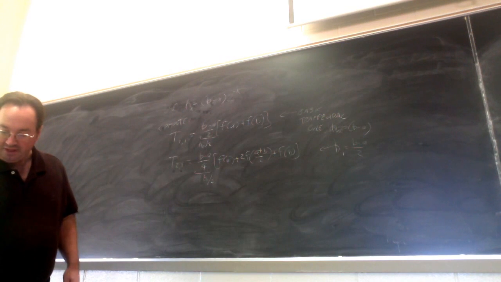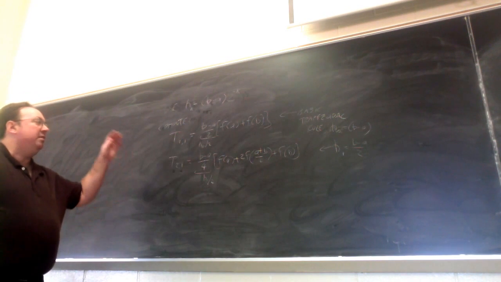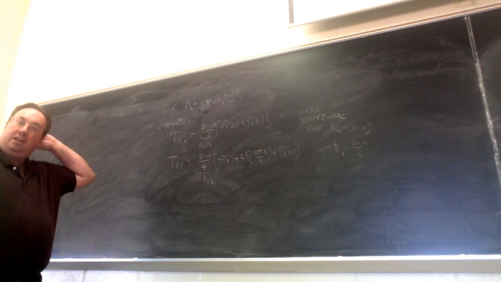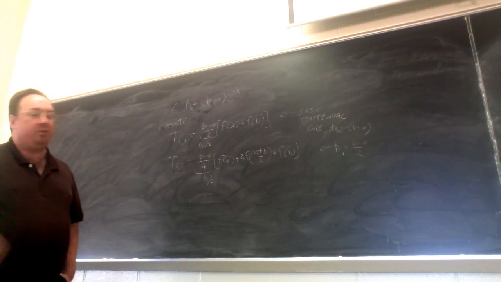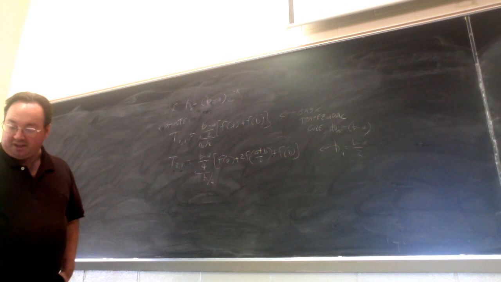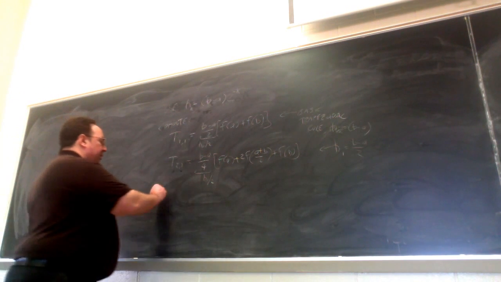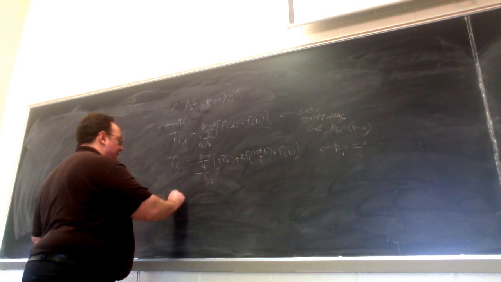Now, the composite trapezoidal rule has order of accuracy h squared. That's the leading error term, k1 h squared. So the error has this form.